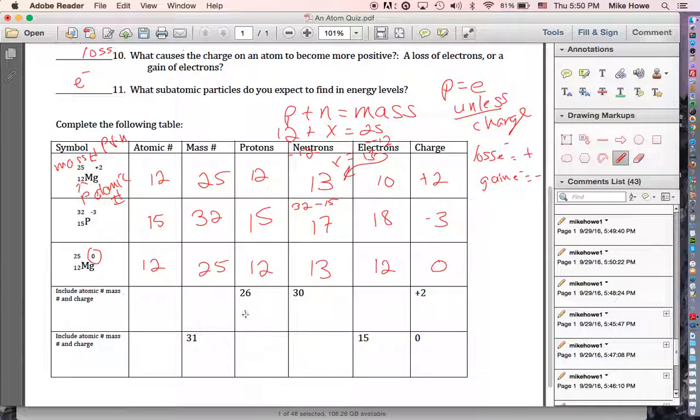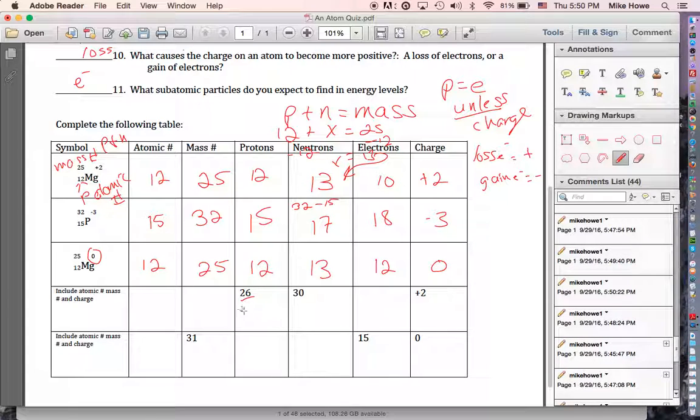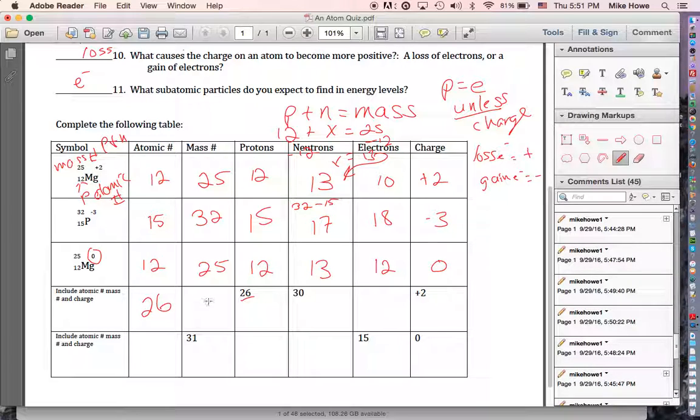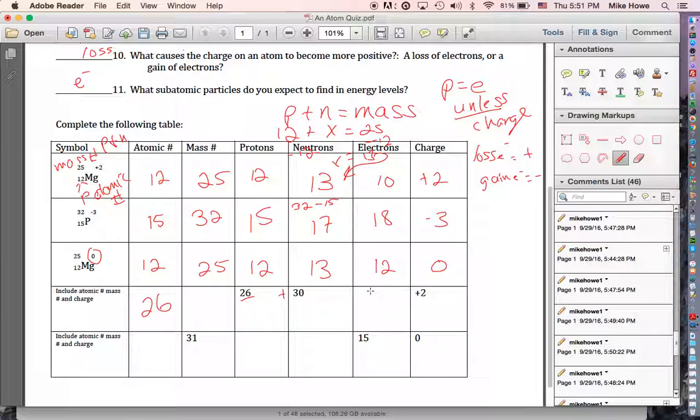Now we get to a little bit of the harder, well, not harder, but just different. You got 26 protons. So if there's 26 protons, the atomic number is 26. Since the protons plus the neutrons equals mass, the mass is 56. Because 26 plus 30 is 56. The electrons equal the protons, except in this case there's a plus 2 charge.